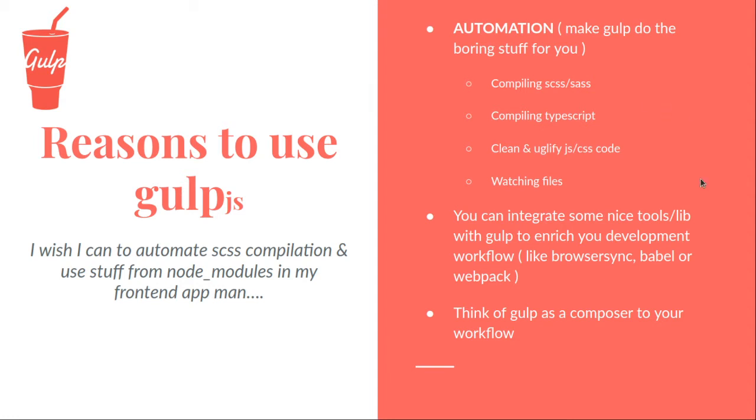Another thing, we can integrate some nice tools and libraries with Gulp that will enrich our development workflow. For example, BrowserSync, I will use that, and Babel.js to compile JavaScript. I will also use this. Another tool you will see a lot of people integrate with Gulp is Webpack.